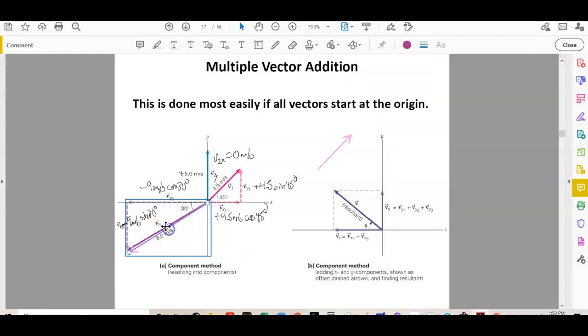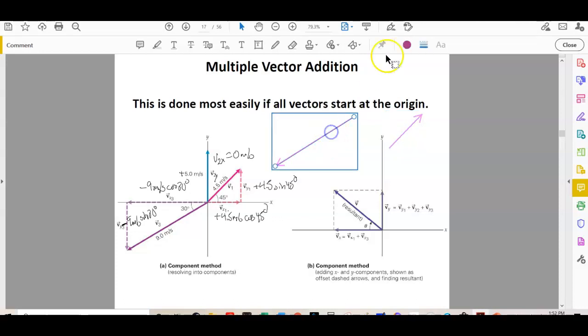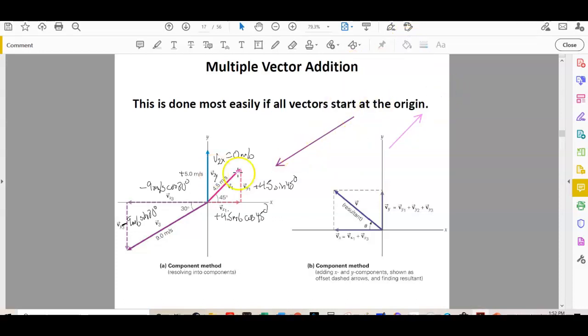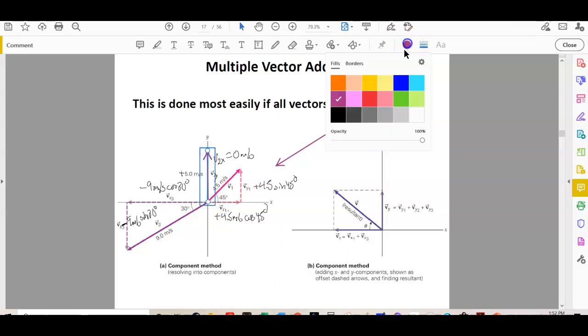So that's the purpley vector. Okay, and then I have a blue vector pointed straight up, which is the V2 vector, and that looks like it's baby blue.